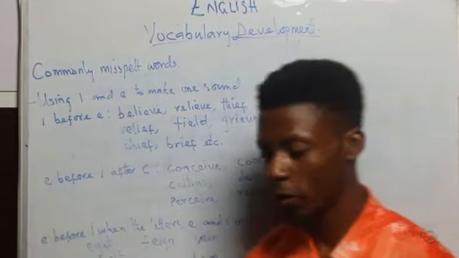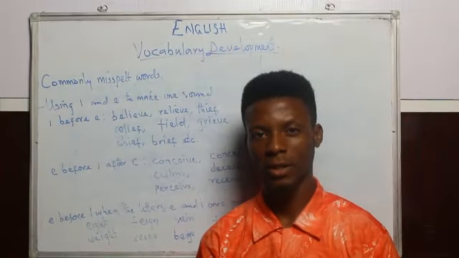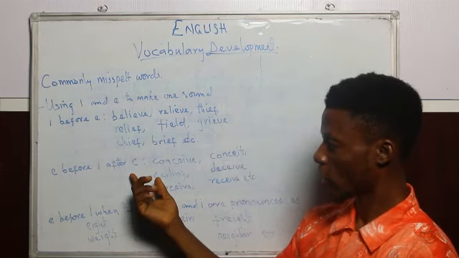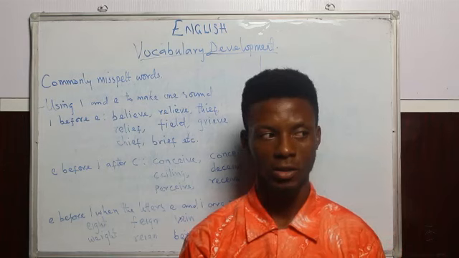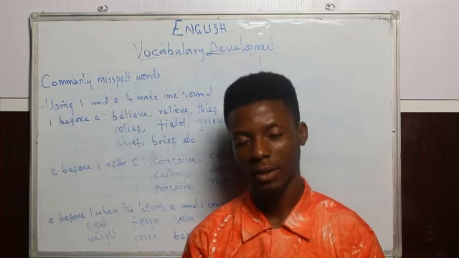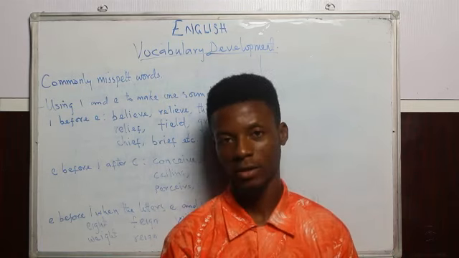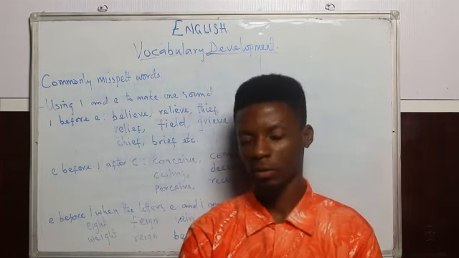However, there are a few exceptions in the spelling of these words, despite the fact that they come after C. These exceptions include efficient, conscience, conscientious.